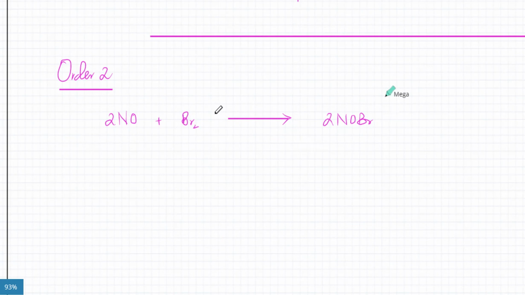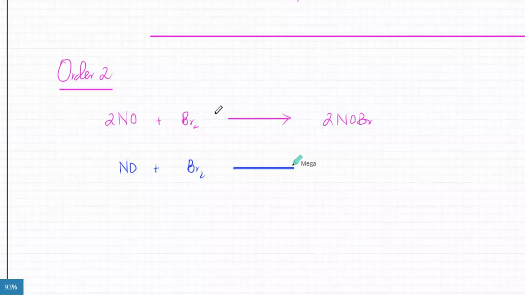So I'm just going to explain where order 2 comes from according to the mechanism. Let's say this reaction has this mechanism: NO first reacts with Br2 and two things are produced, NOBr and a Br atom.